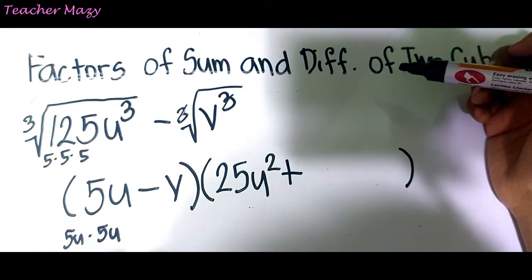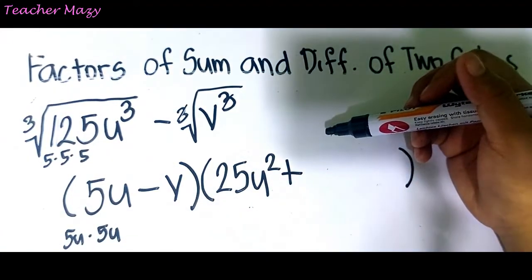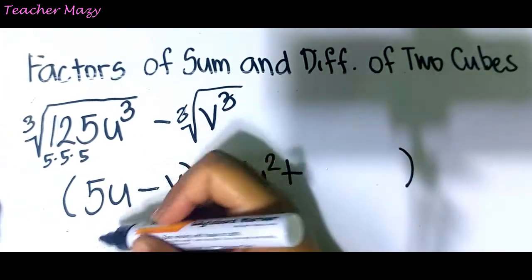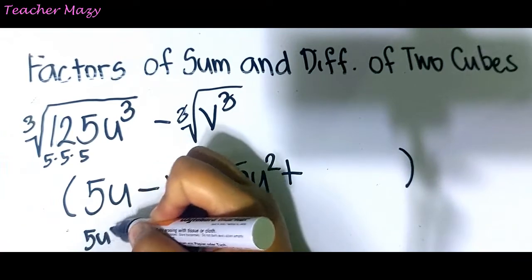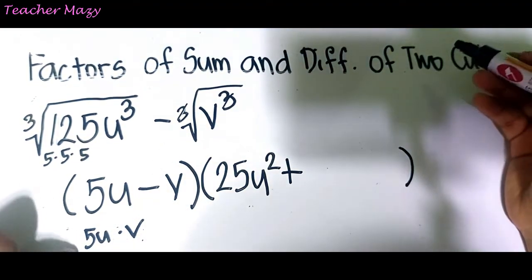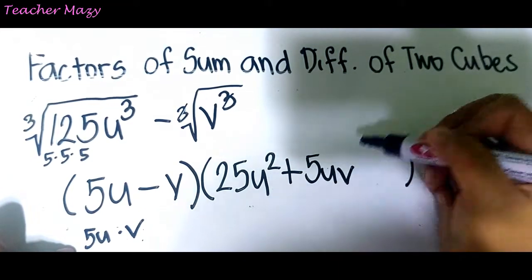Next, for our middle term, we need to multiply our two terms here. That is 5u times v, that is equal to 5uv.